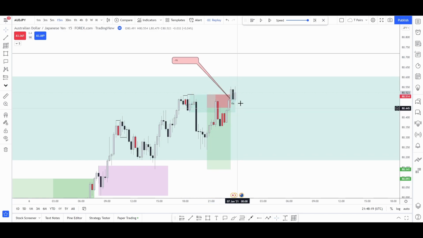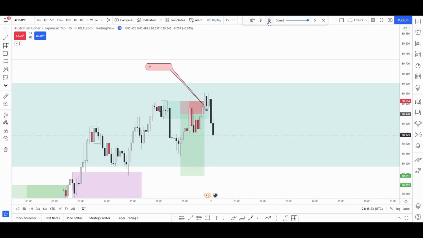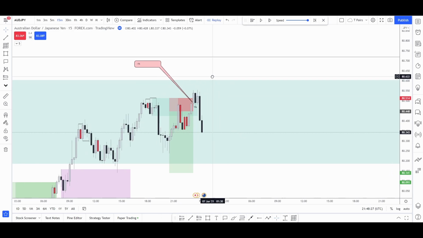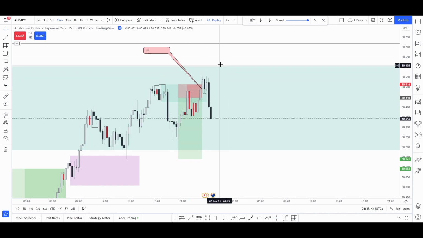You know what? Let's clear that out of the way. Oh, this might do the trick. So yeah, much cleaner. Okay, so this is something which we should have waited for, but I didn't. Okay, so we've got a nice little push up here. It's cleared the wicks from up here as well, so a bit of a liquidity sweep.